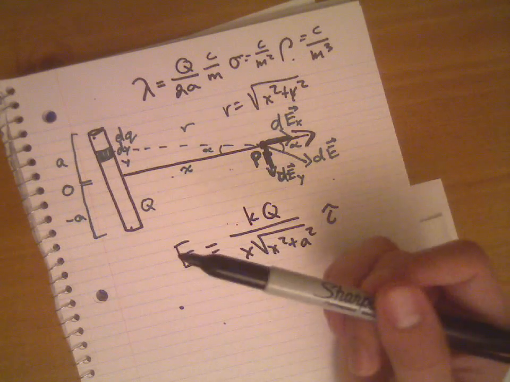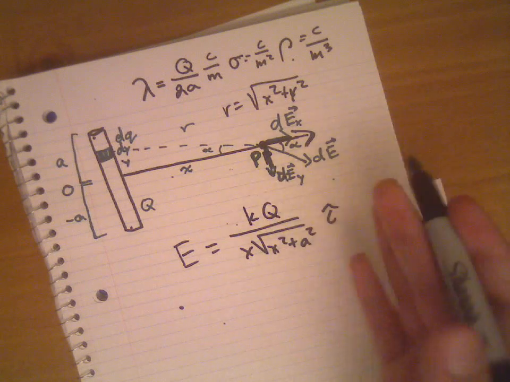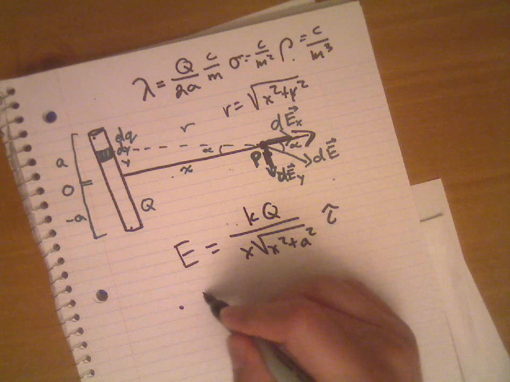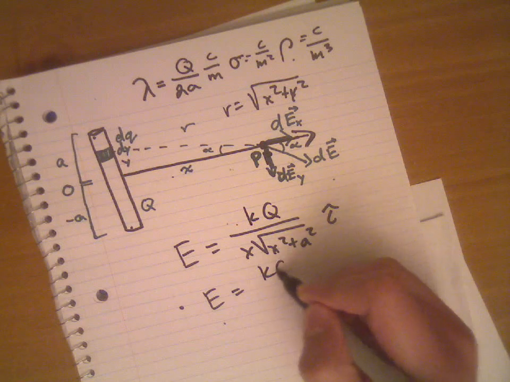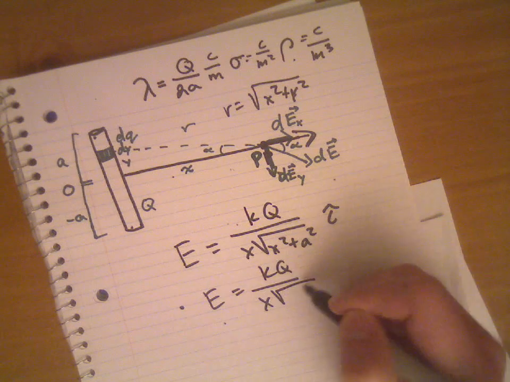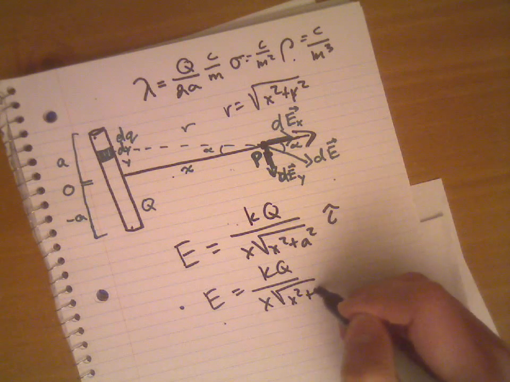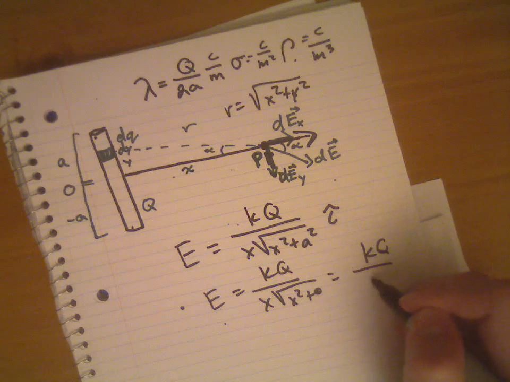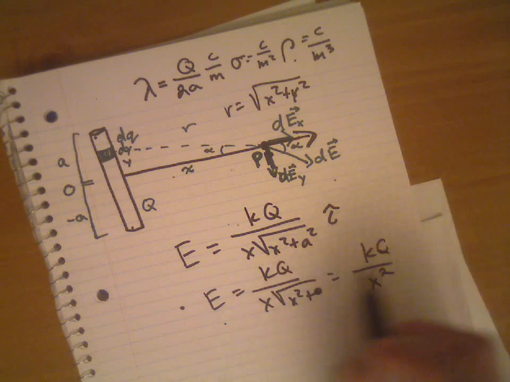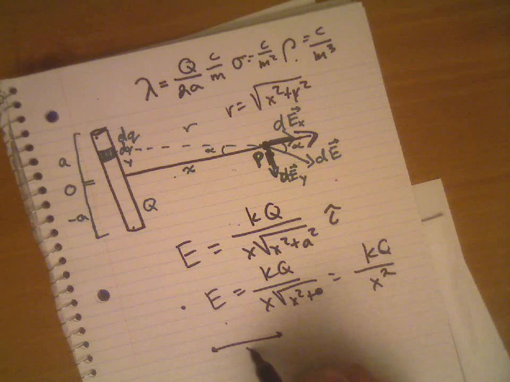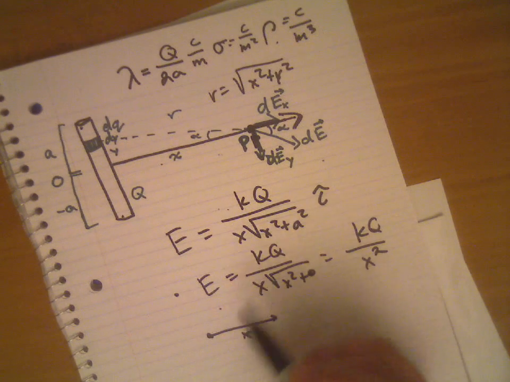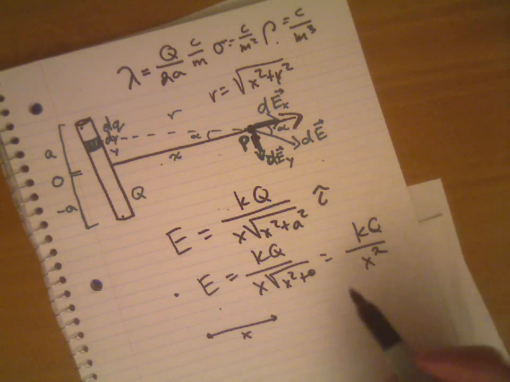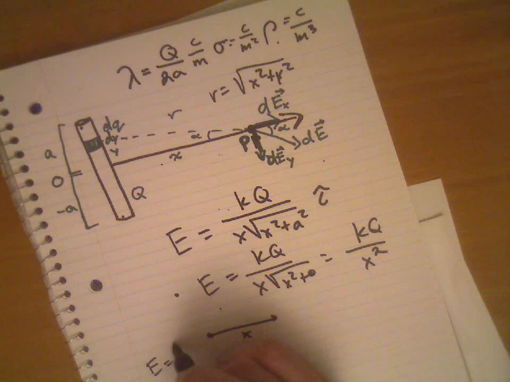Well, if it has no radius, then electric field is equal to kq over x times the square root of x squared plus 0. And if you simplify that out, you get kq over x squared, which makes sense because if we define this distance x, then it works out. E equals kq over r squared.